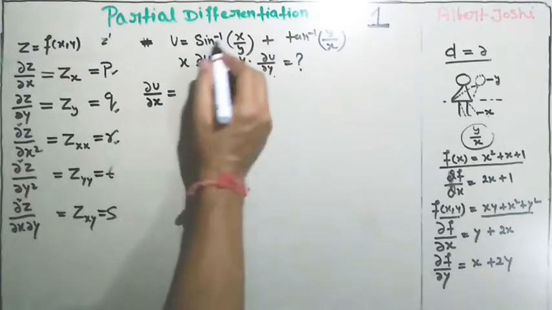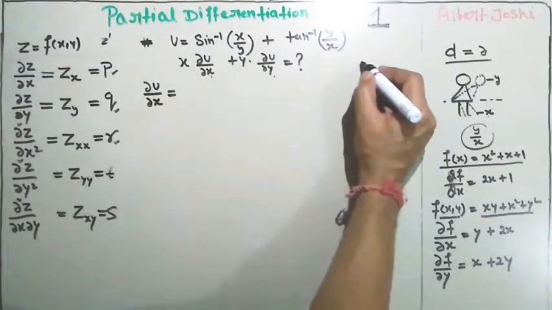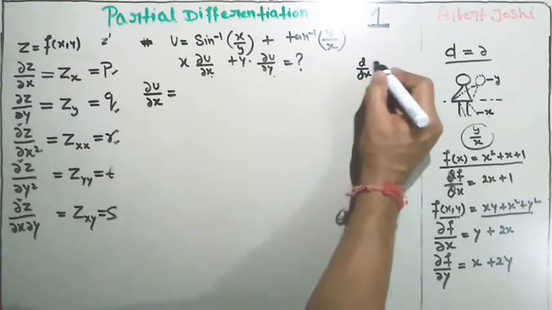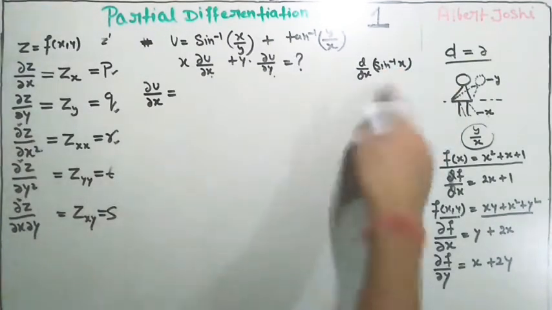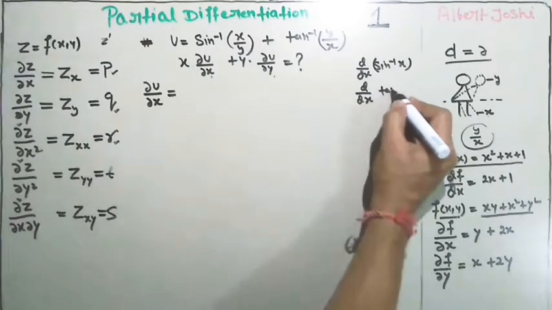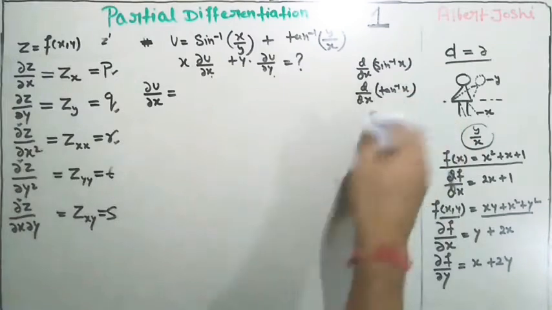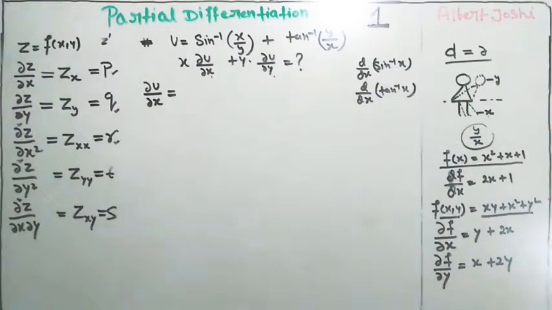Okay. So what is the differentiation of sine inverse x? You must note d/dx sine inverse x is equal to, and d/dx tan inverse x. What is the differentiation of this? You must remember both. Okay.